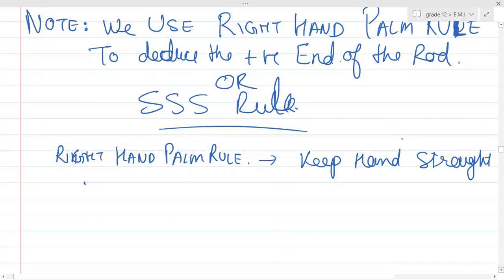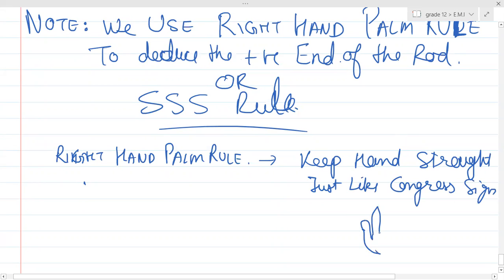I'm just telling you how exactly to apply this law. So keep your hand straight, like this. Keep your hands like this, okay? Everyone is able to do this, right?